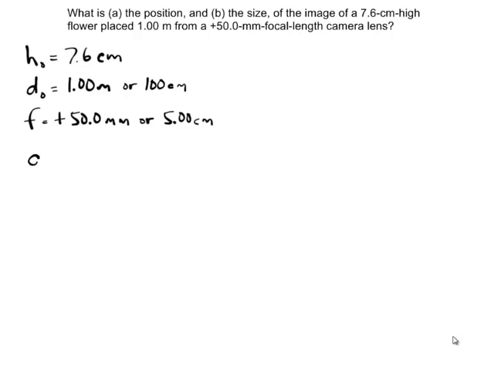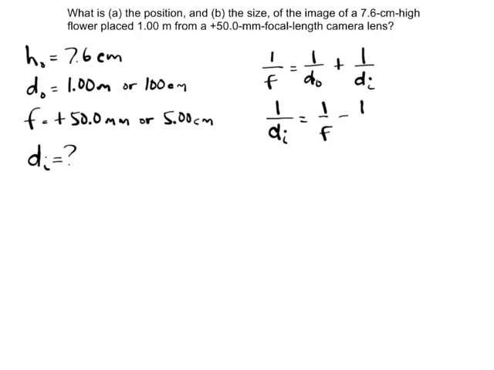When we say the position, what we're really looking for here is the image distance. 1 over f equals 1 over do plus 1 over di. That means 1 over di equals 1 over f minus 1 over do. That would be 1 over 5 centimeters minus 1 over 100 centimeters.